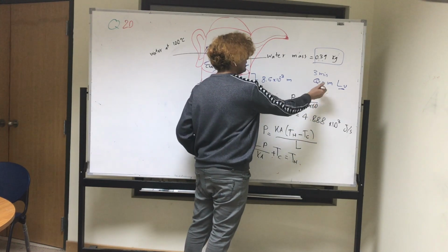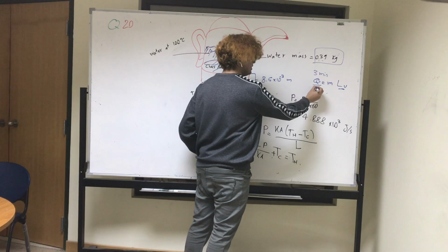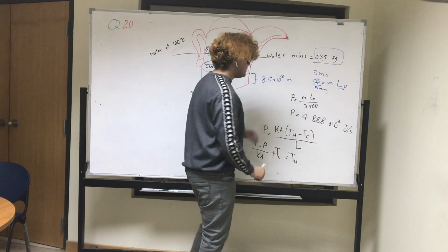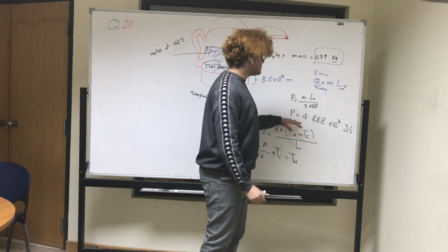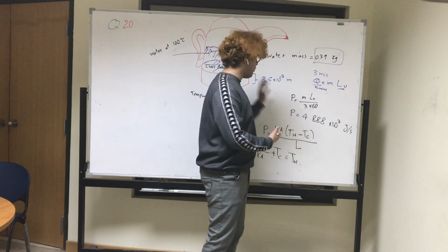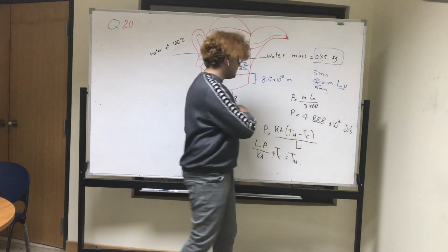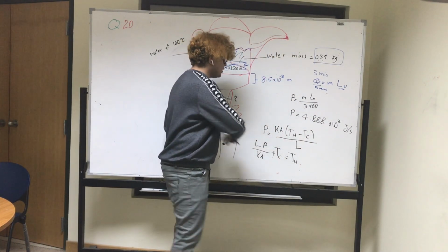If you divide this energy by 3 minutes, you get the amount of energy that we exert on the water each second, or the power.